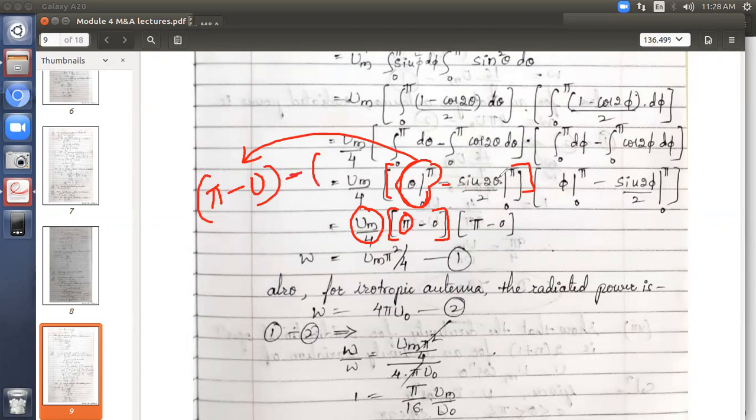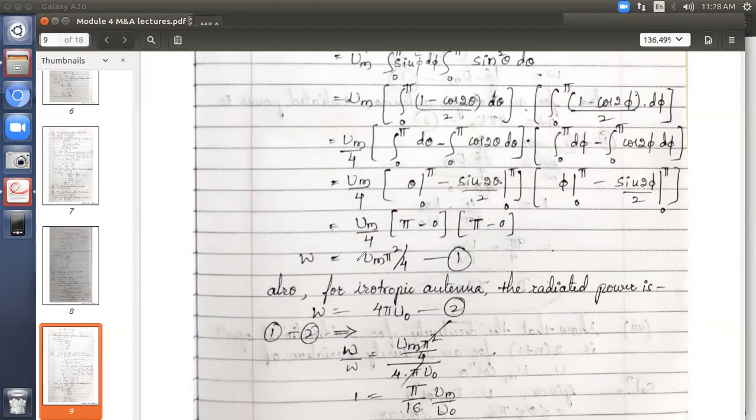Sine of pi, 2 pi, 3 pi, it is 0 only. So this will become 0 only. So I have written it only pi minus 0. Same thing, even if you apply here, you will get pi minus 0 only. So what is the total value? You will get pi square by 4. Pi square by 4.